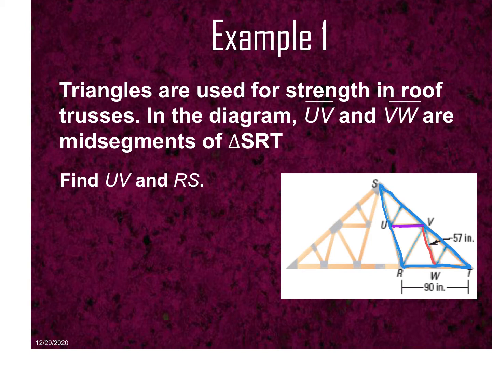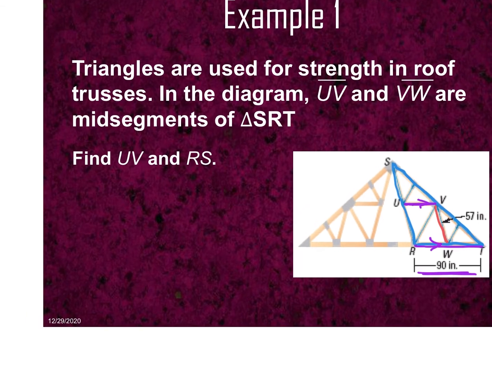Since UV is a mid-segment, I know it's parallel to this side of the triangle. And if this side of the triangle is 90 inches, then the length of that mid-segment is going to be half of that. So all I have to do is divide 90 by 2 to get the length of UV.